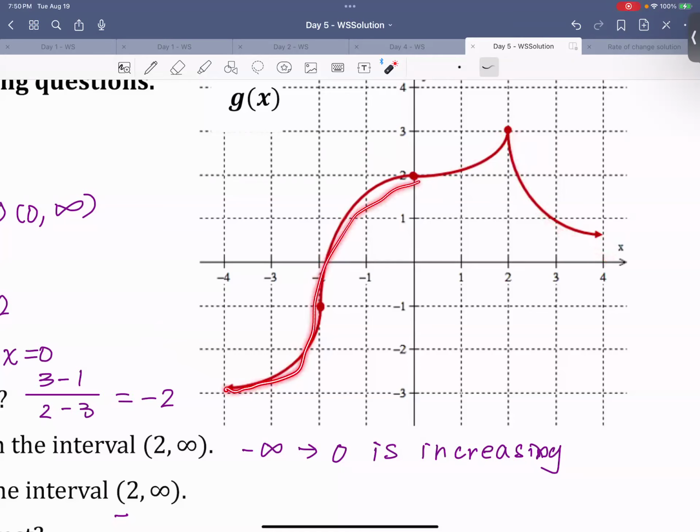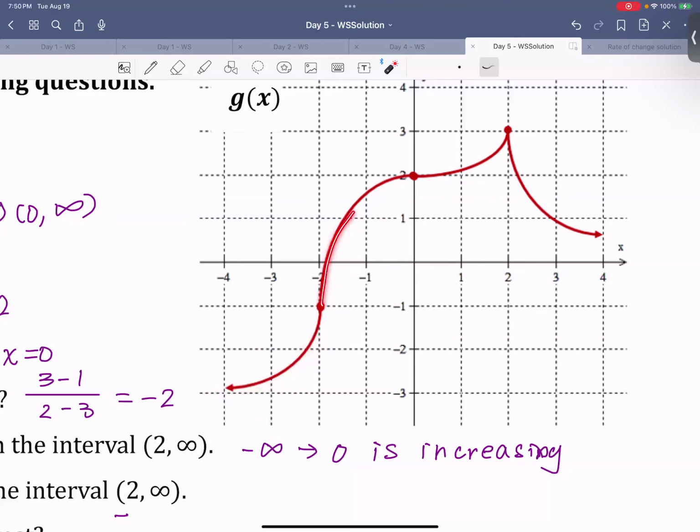First derivative, all you see is the rate of change, the first order rate of change. This rate of change is positive. This rate of change is also positive. This rate of change is negative. But for the concave up part, if it's concave up, the rate of change is increasing.